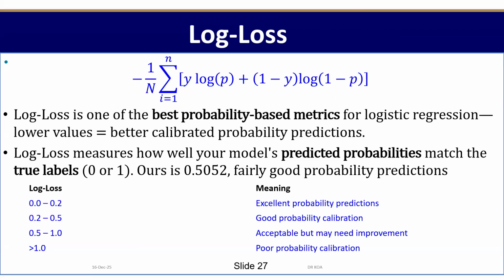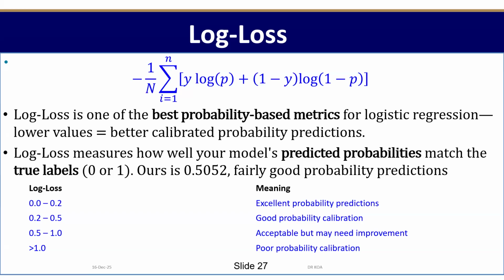Now let's go back to log loss. This is a formula for you to just entertain yourself with when you're writing your thesis. It doesn't mean you should memorize it. Now, lower values are better. When the values are lower, it means there's a better calibrated probability prediction. It tells you how well your model's predicted probabilities match the actual labels.